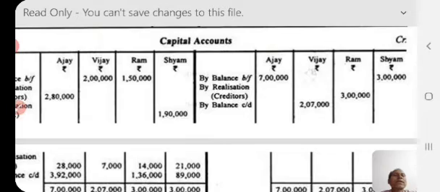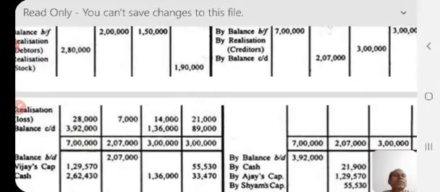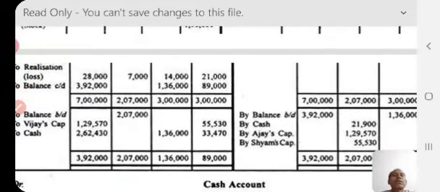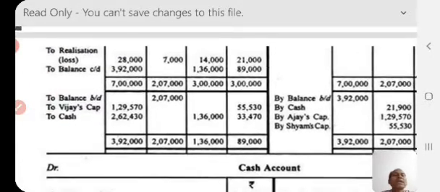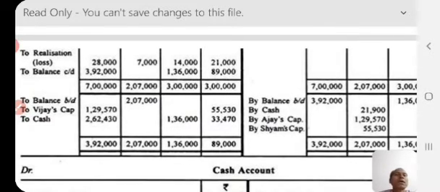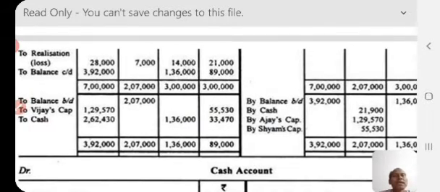See this carefully. Clear? Okay. Now, we have to see as for the Garner versus Murray case.